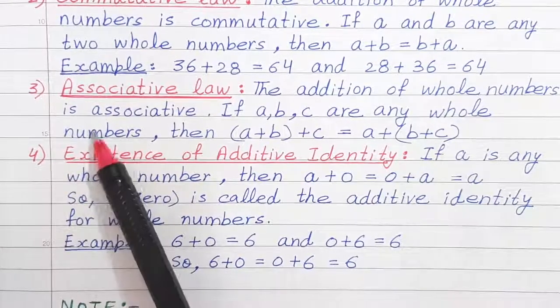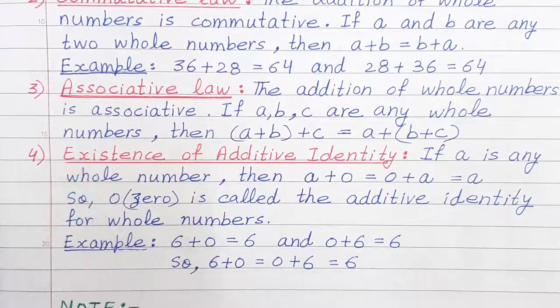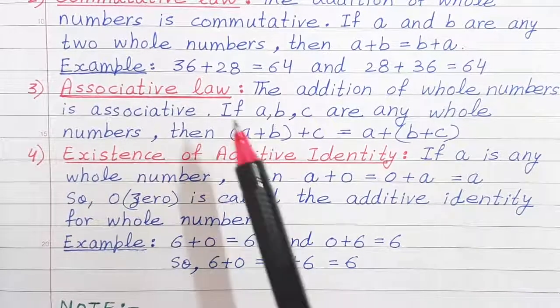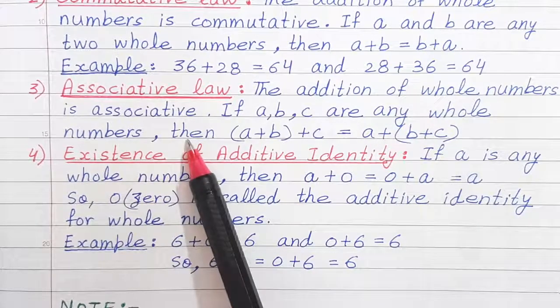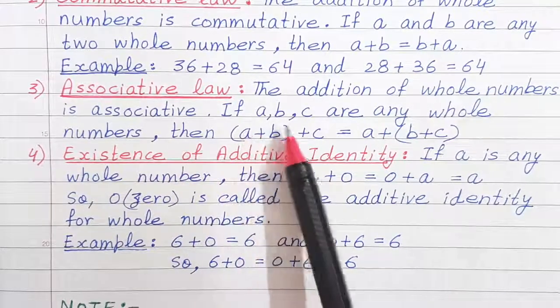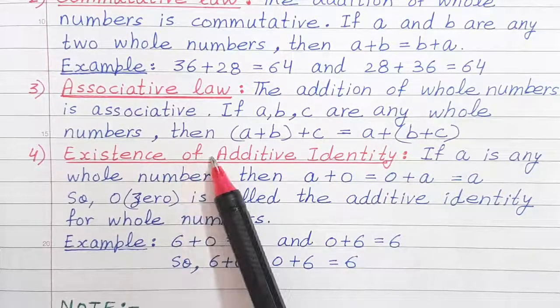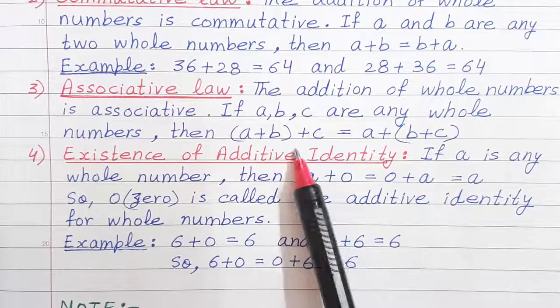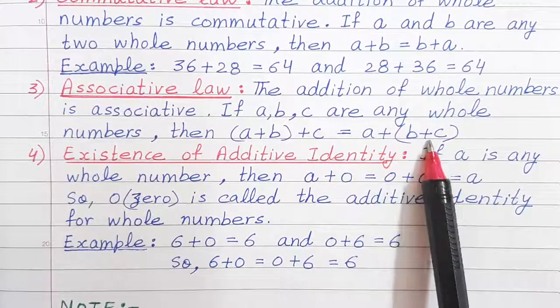Now, children, let us discuss associative law. The addition of whole numbers is associative. If A, B, C are any whole numbers, then (A plus B) plus C is equal to A plus (B plus C).